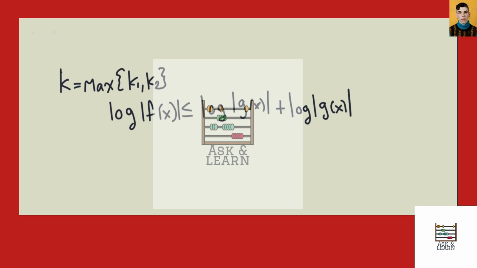Right, well, this implies that the log of f of x is just less than or equal to 2 times the log of the absolute value of g. This is going to be when x is greater than k, right?